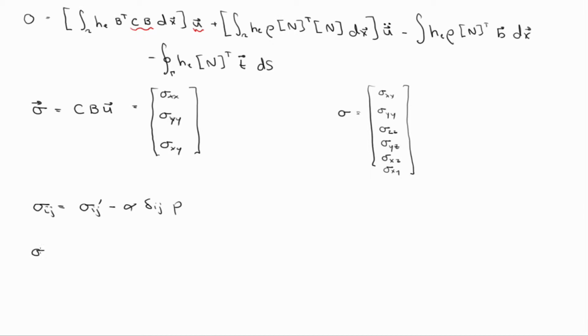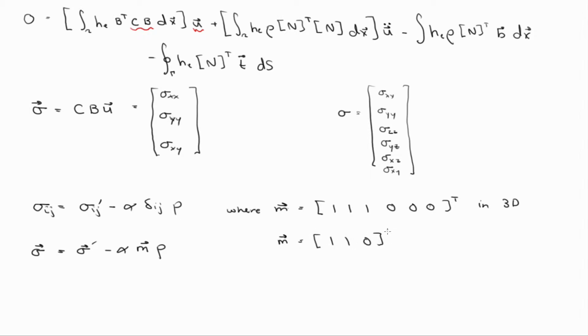The stress vector is equal to the effective stress vector minus M P, where M is 1, 1, 1, 0, 0, 0 in 3D, and 1, 1, 0 in 2D in plane elasticity.